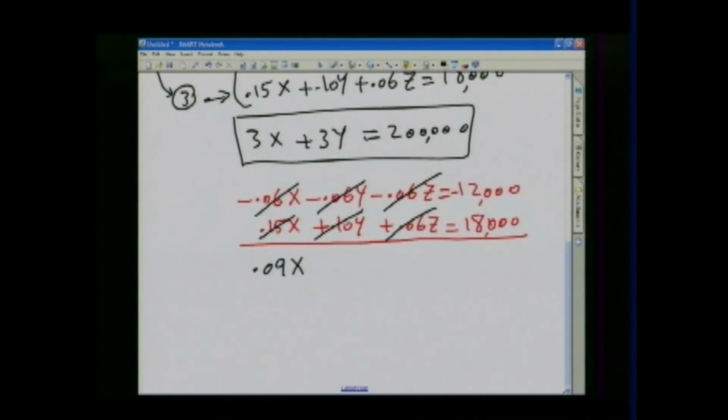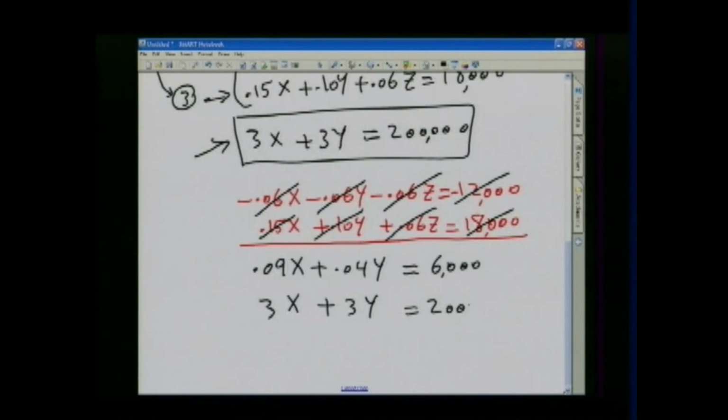Plus 0.10y minus 0.06y would give me a plus 0.04y, equal to minus 12,000 plus 18,000, which gives me 6,000. Now I take this equation with this one, which is 3x plus 3y equal 200,000.